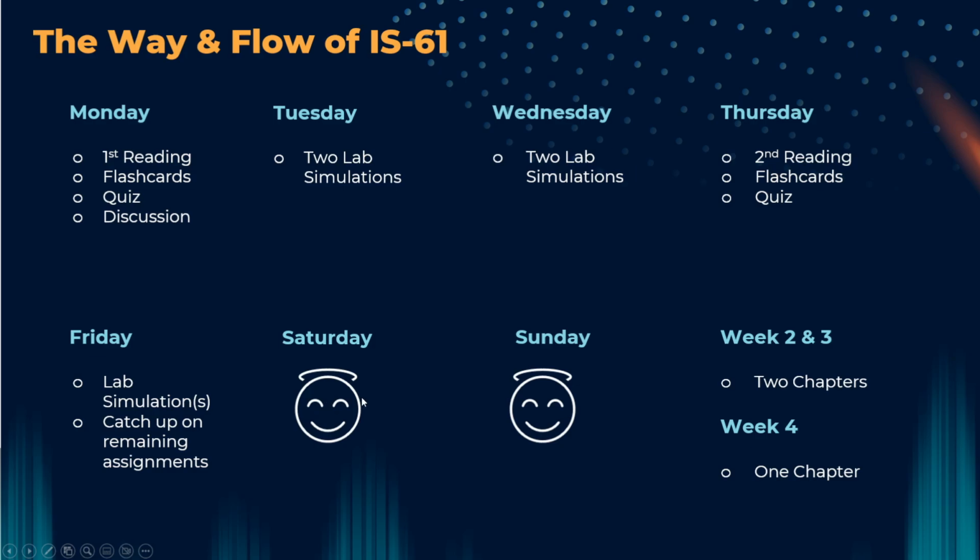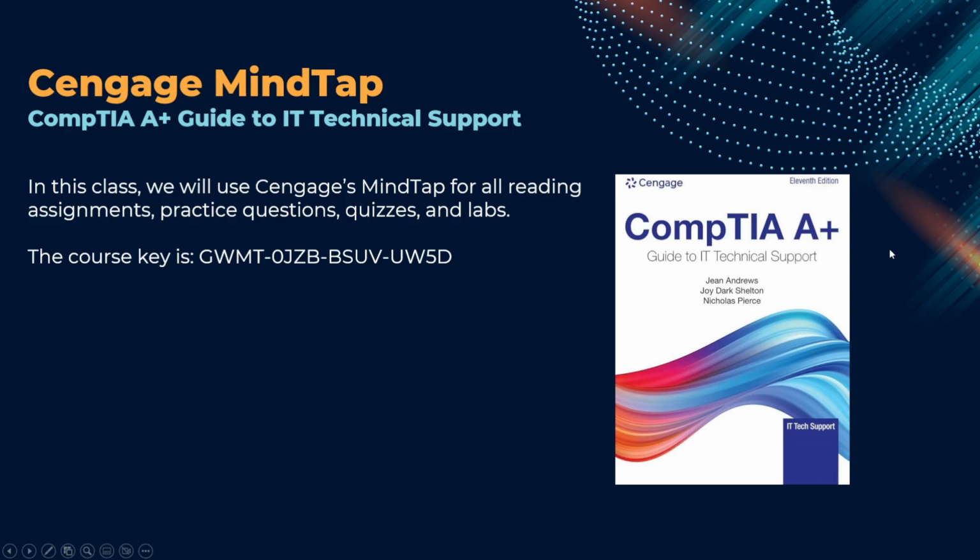So if you're doing your work on Sunday at 10 at night, you can send me an email, but I'm not going to respond until Monday, and by that time it's already kind of late. So try to get your work done by Friday at the very latest, but preferably by Thursday, so that you can always reach me. That is the way and flow of this online class.